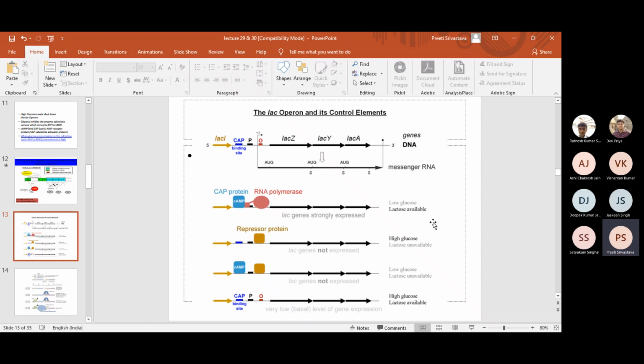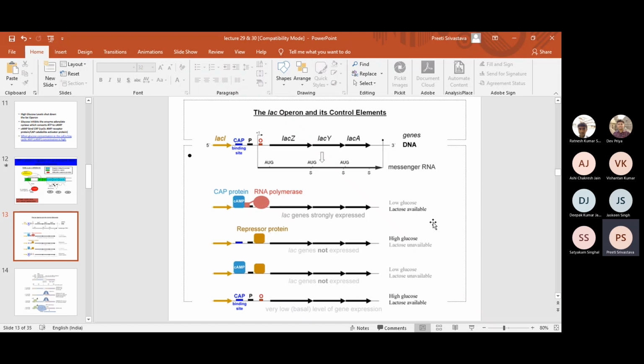Also, when lactose is available, lactose will bind to the lac repressor and change its conformation, and therefore there will be no roadblock. You remember that? Yes, ma'am. So lac genes are strongly expressed.